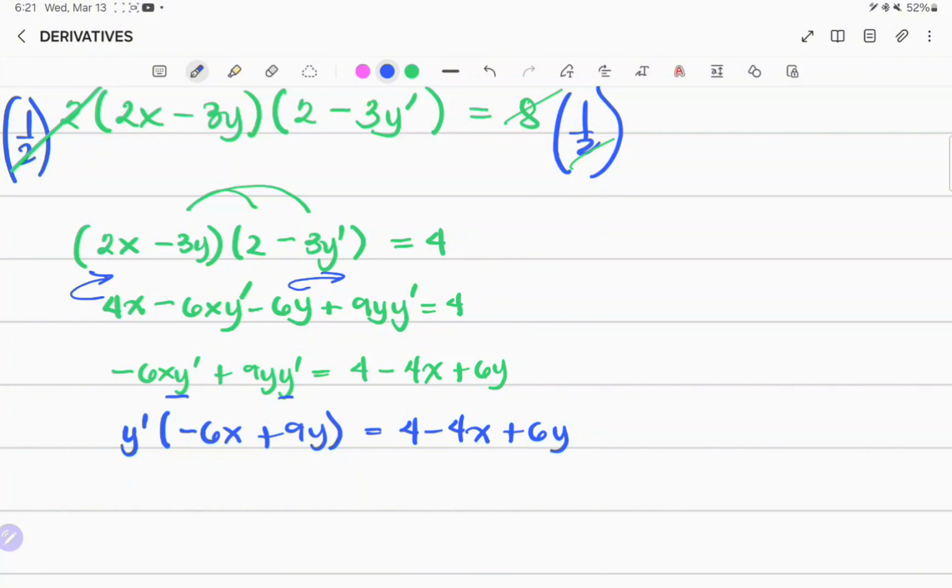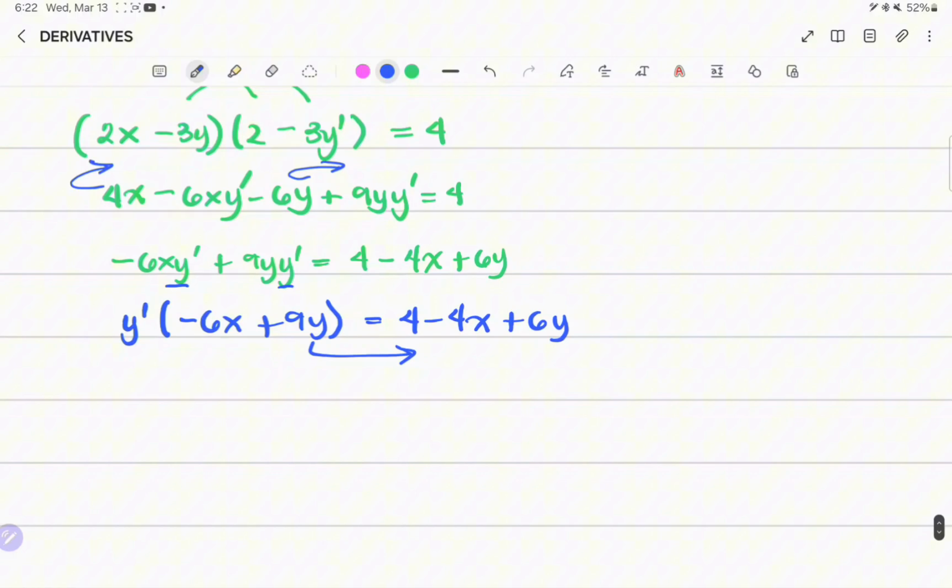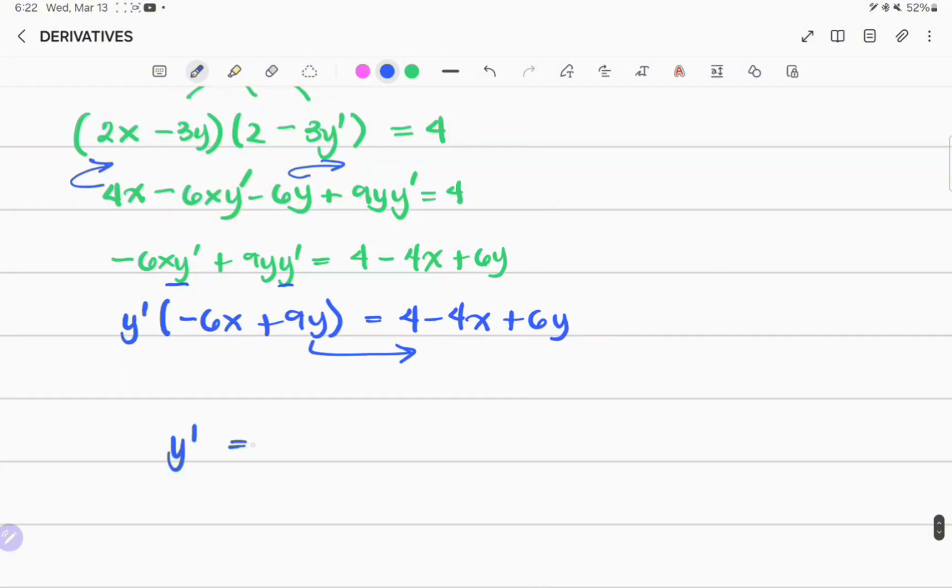And by cross multiplication, negative 6x plus 9y will be written on the denominator of the right side, or that's the same with commutative property of equality by multiplication. So our y prime here will become 4 minus 4x plus 6y over negative 6x plus 9y.